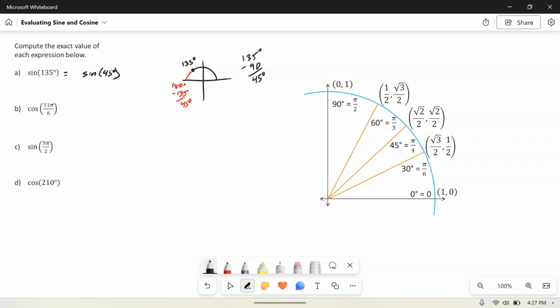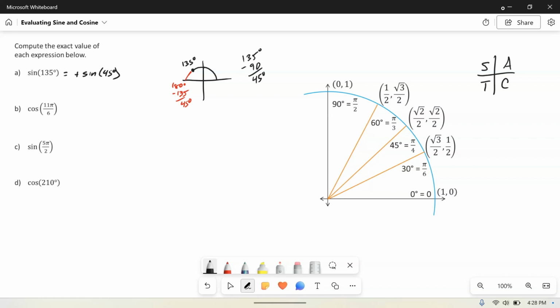So what do we know about whether the trig functions are positive or negative in each quadrant? Remember, all of them are positive in the first quadrant. Sine is positive in the second quadrant. Tangent is positive in the third. And then cosine is positive in the fourth. Okay, so I already know that because my angle of 135 degrees is in the second quadrant, sine is going to be positive.